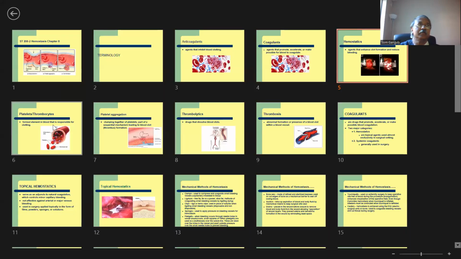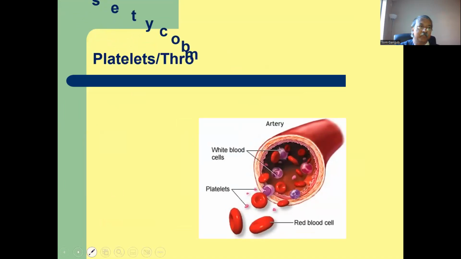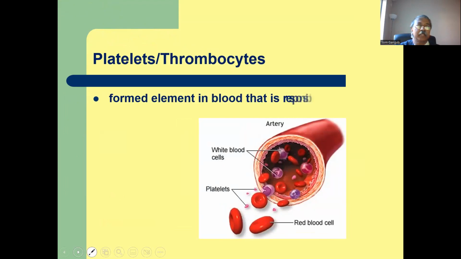Next, we have a natural element in the blood, which is called platelets or thrombocytes. These platelets are tiny particles. They run in the blood vessels. Every patient has platelets, and these platelets form the clotting.